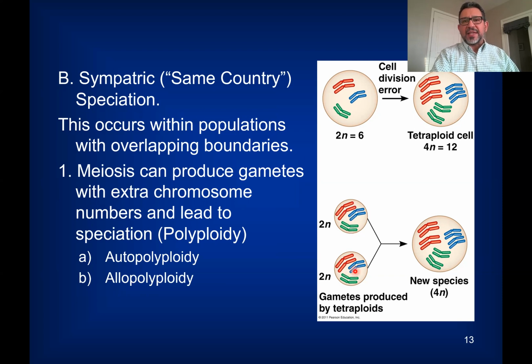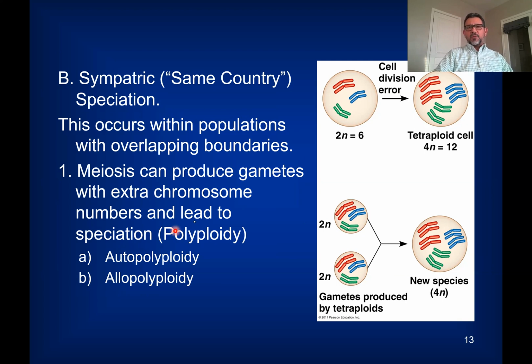And when these gametes participate in the process of fertilization, they are going to produce an organism. And if other organisms are made in the same way, now you're going to have a new species that will be tetraploid. And this is going to be an example of autopolyploidy.